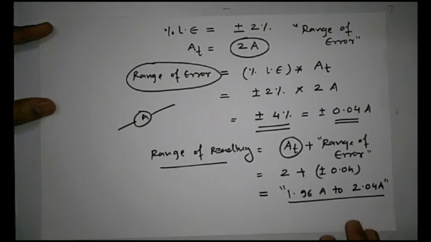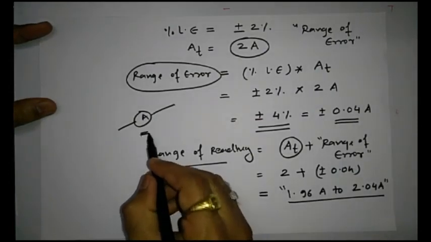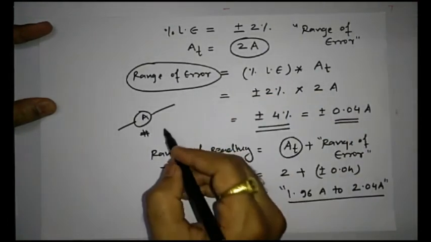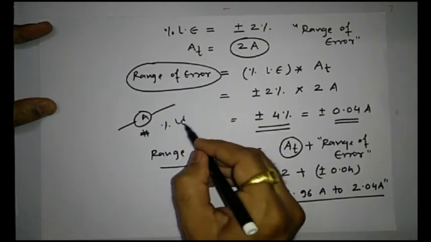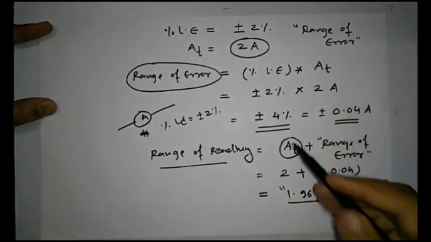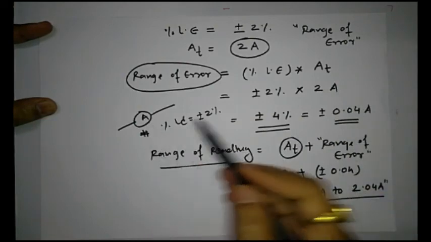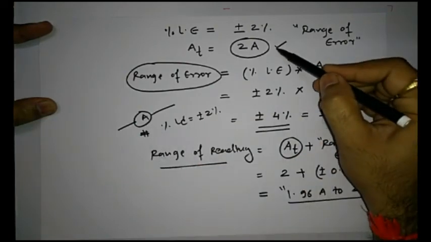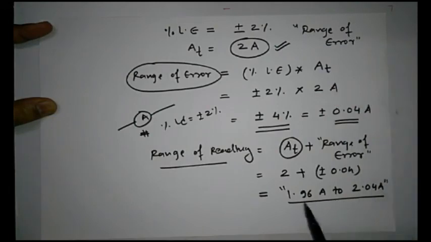That means if we use this ammeter whose percentage of limiting error is plus minus 2%, and we are trying to calculate a circuit current through this ammeter in which the actual value of current is 2 ampere, we will get the final answer in this range.